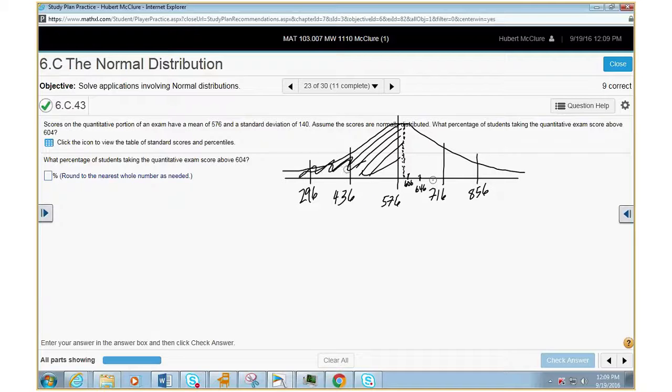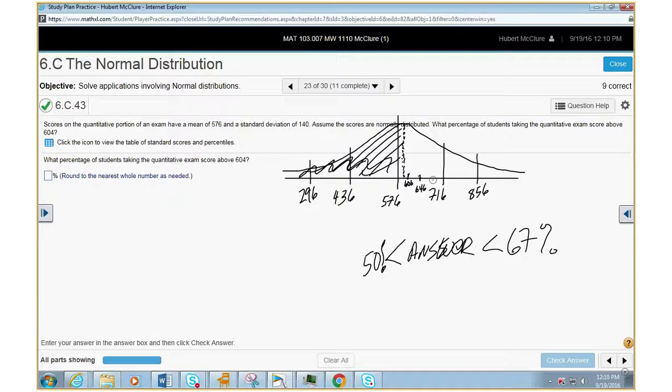So you know from common sense that your answer is going to be between 50 and 55%. I don't know. 34, half of 34 is 17, right? 67%. You know it's going to be between 50 and 67%.